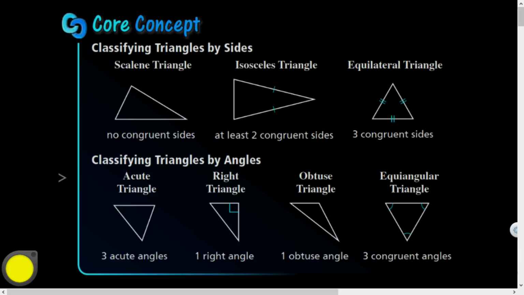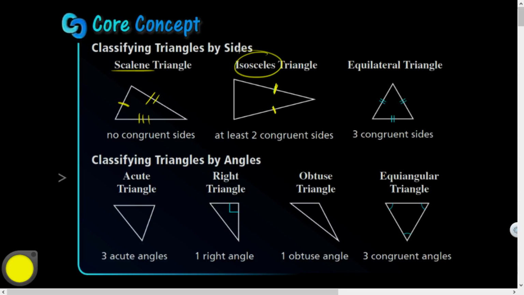So it says the following: classifying triangles by sides. If there are no congruent sides in a triangle, it is said to be scalene. If there are at least two congruent sides in a triangle, that is isosceles.